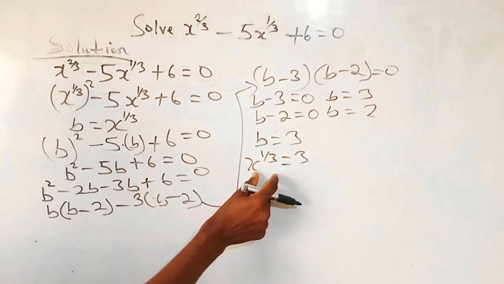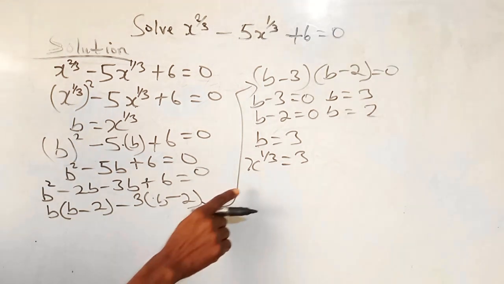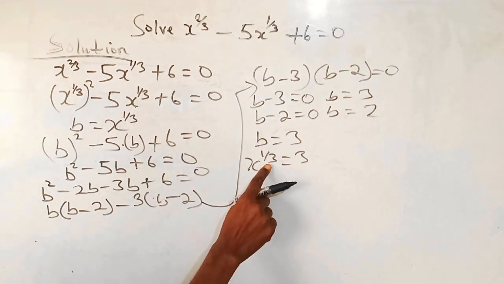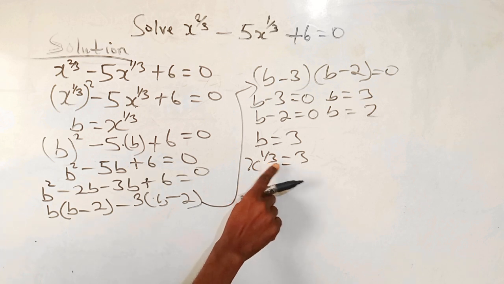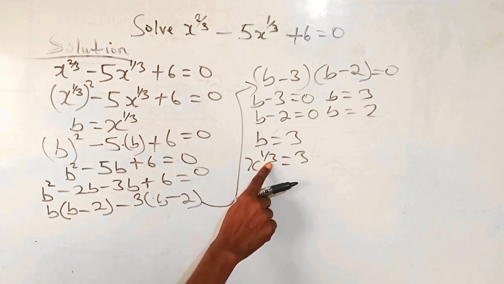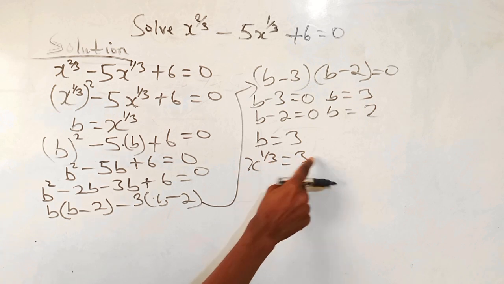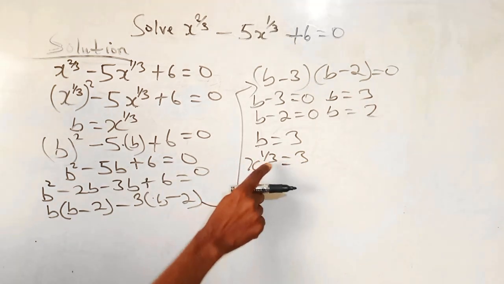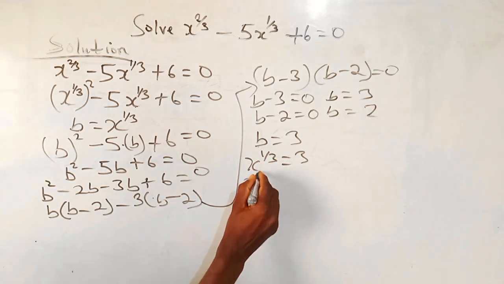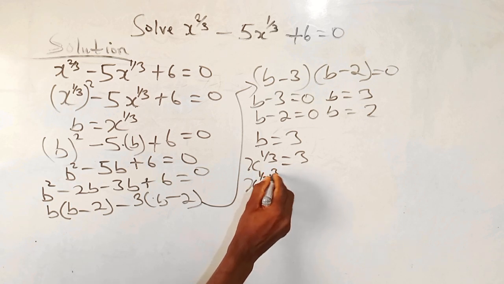So what's the value of x in this case? What do we do from here? We look at the reciprocal of 1 over 3, and raise both sides to the power of the reciprocal. So here we have x to the power of 1 over 3 times 3 over 1.